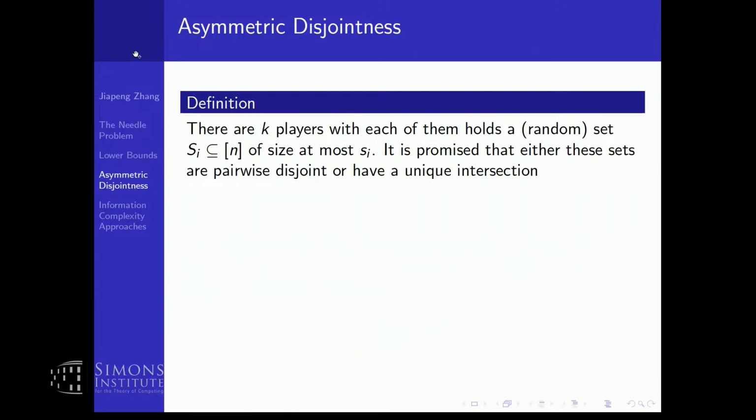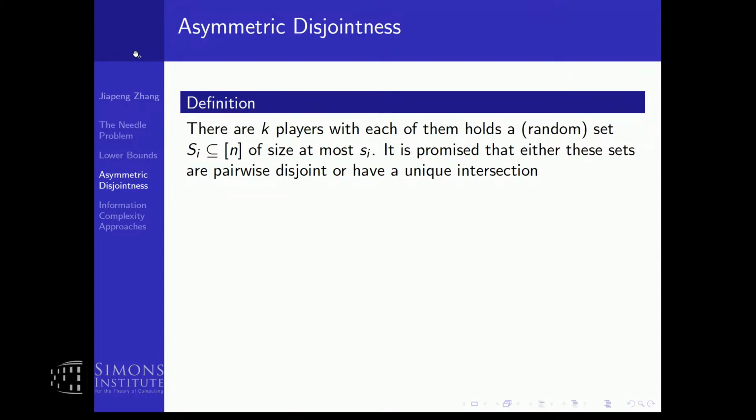For this question, we clearly know the upper bound should be at most log n times the smallest si, because the player with the smallest set just tells everybody, my set is really small and this is my set. We can also prove the lower bound is also omega of si, where si is the smallest size.